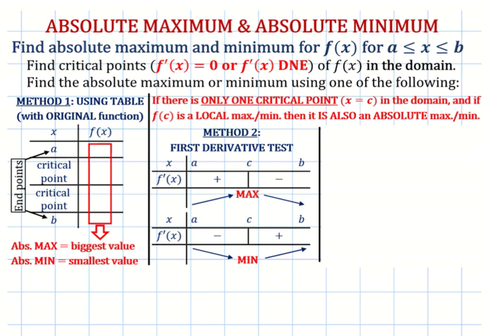The first derivative test says if the function is increasing then decreasing, of course we are going to have the maximum at that point. If the function is decreasing and then increasing, of course we will have the minimum at that point. So pretty straightforward. Again, it only works if we have exactly one critical point in the domain.